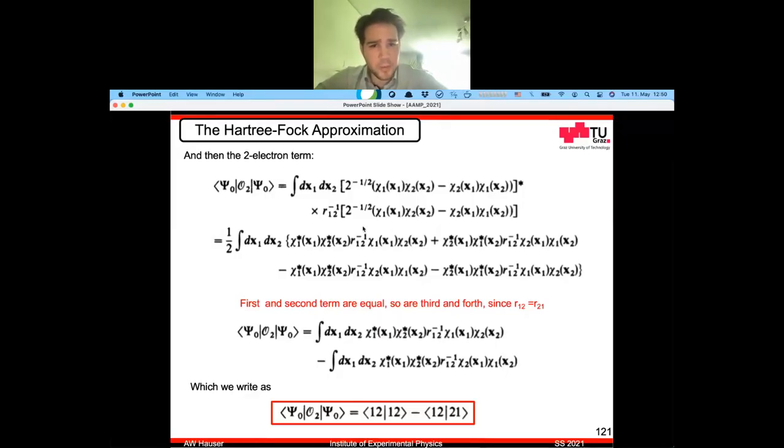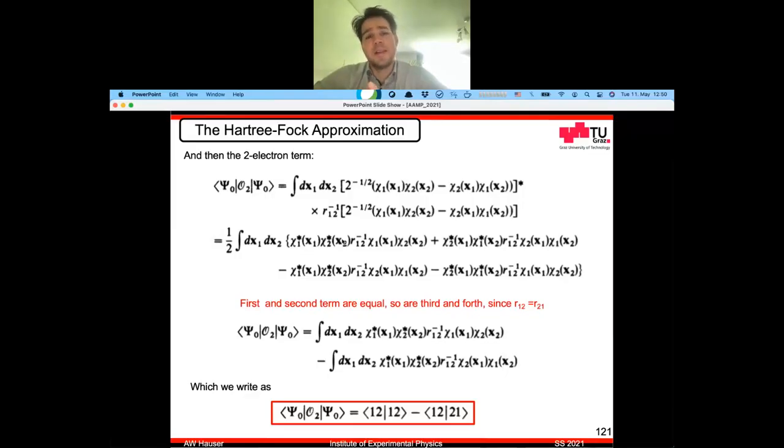So let's see what these first 2 terms are. In this case, it's the 1 over R12 term, and we have products of first electron in orbital chi1 meeting first electron in the same orbital, and second electron in chi2 meeting itself in the same orbital. So we could rewrite this as chi1 absolute square times chi2 absolute square multiplied by 1 over R12, and this whole expression integrated over x1 and x2.